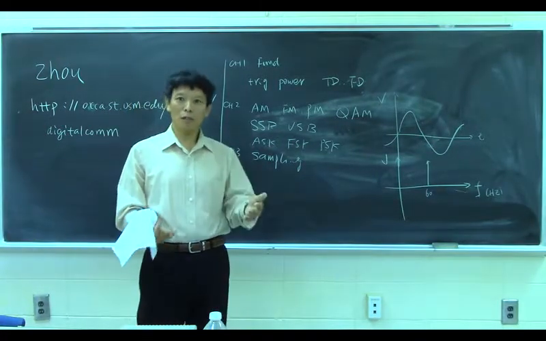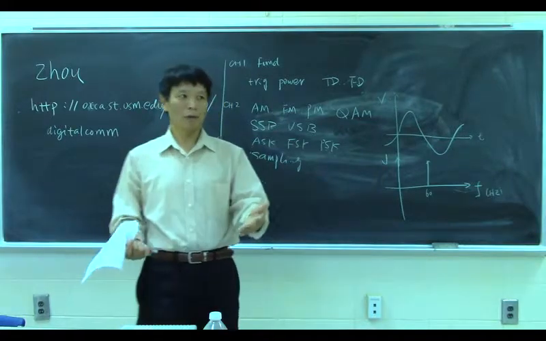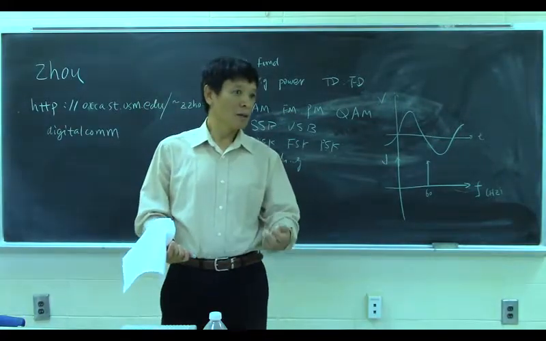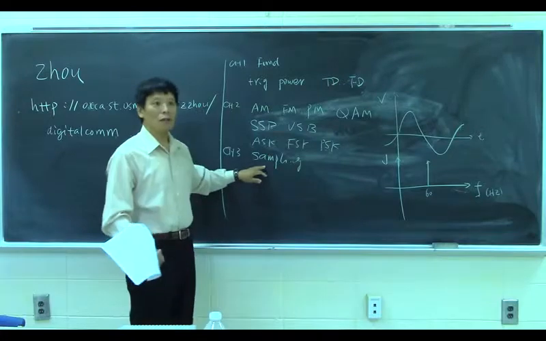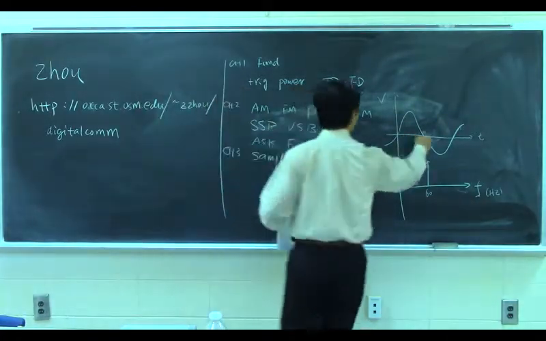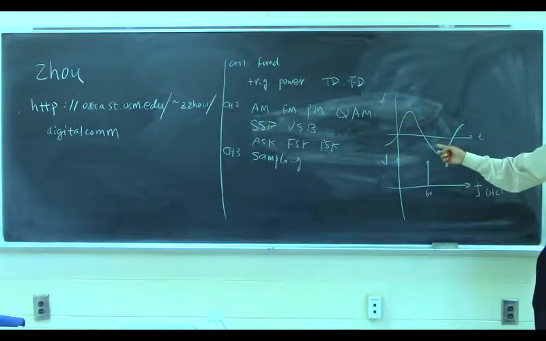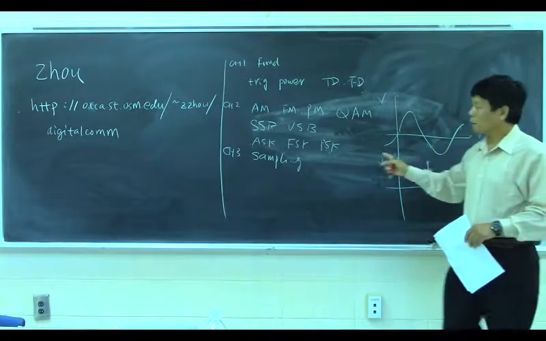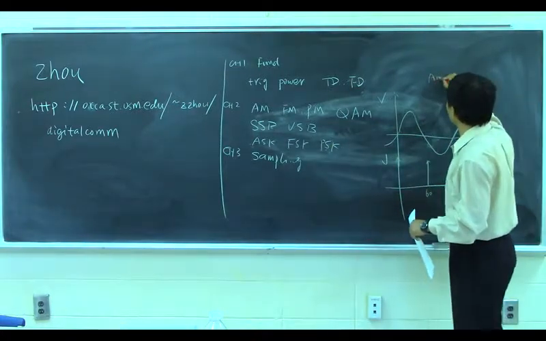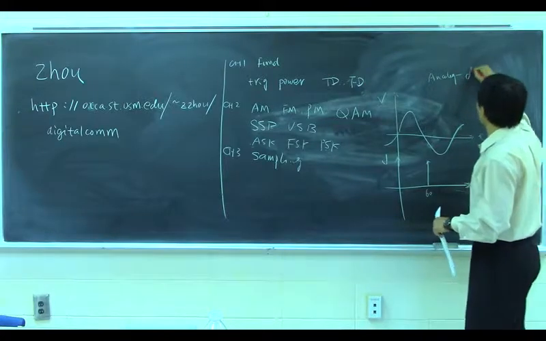But if we want to transmit through your phone, most phones are digital, right? We need to convert this analog signal into a digital signal. The first step is to convert the analog into a discrete one.